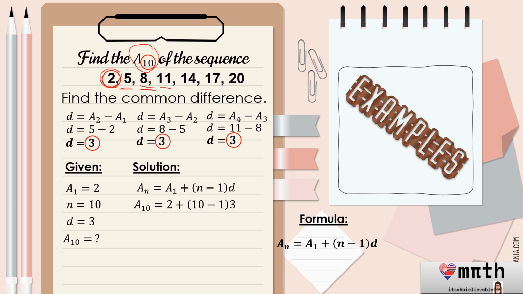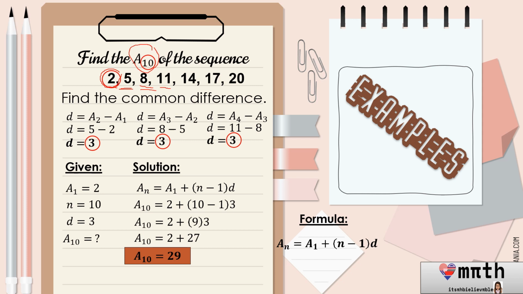So, the first thing that we need to simplify in this case is the ones that are inside the parentheses. So, that is 10 minus 1, which is 9. Then, we should multiply 9 times 3, that is 27. Then, copy 2. Then, 2 plus 27 is 29.